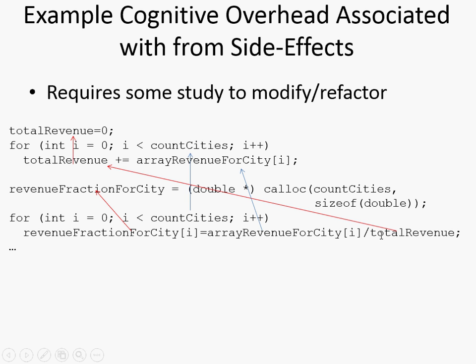If you look, this uses total revenue, and even though it's nicely named, you have to look up and see where it came from. And before this, where did that come from? Similarly, this revenue fraction for city, you have to see where was it created? Count cities. Okay, that's the same one as this one. This array revenue for city, it's the same one.